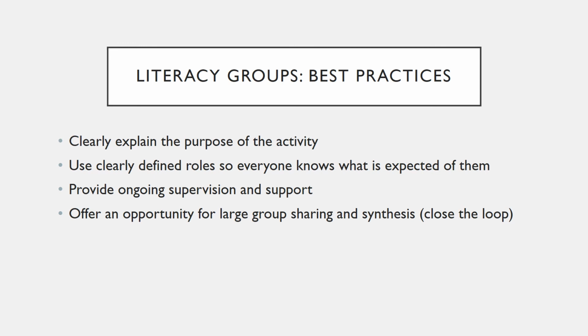They take a very methodical approach through the text, but if I just have the students read the text on their own, they don't always catch that. So by chunking the text and having signposts along the way, I'm sort of leading students down that path a little more clearly. Second, using clearly defined roles so everyone knows what is expected of them in the group assignment.